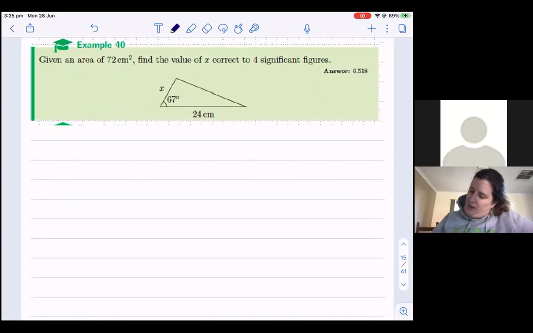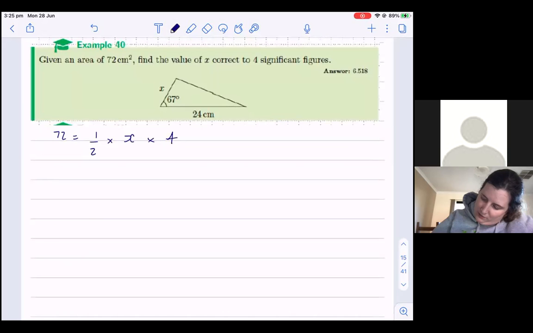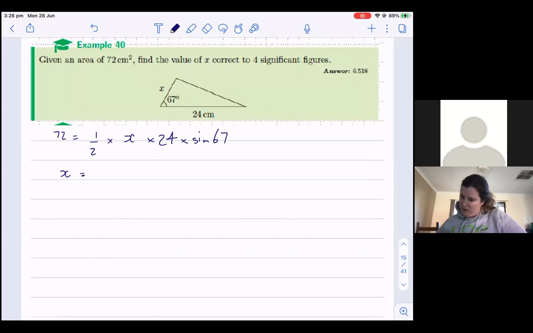Okay. So area is half times AB times sine the angle in between. So we know 72 equals half times x times 24 times sine 67. Rearrange and we get x equals, so we've got the 72 times 2 divided by 24, 6 over sine 67, chuck it in calculator.